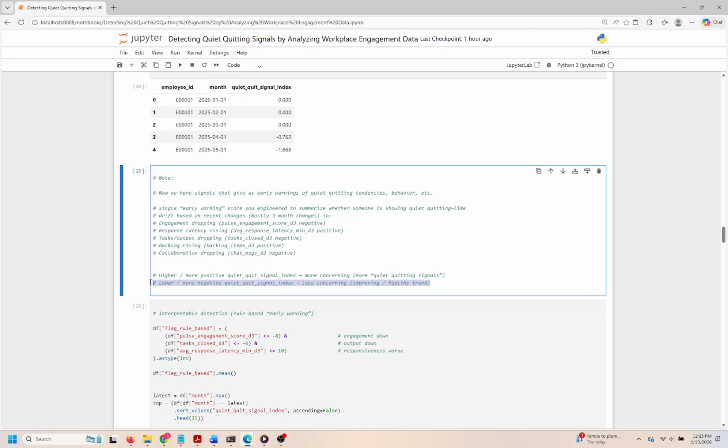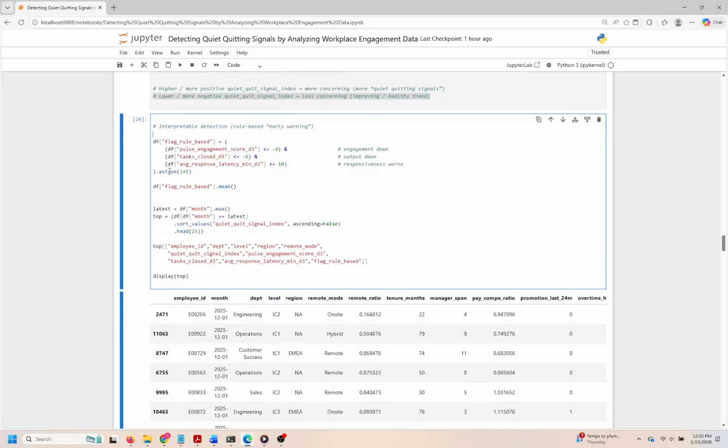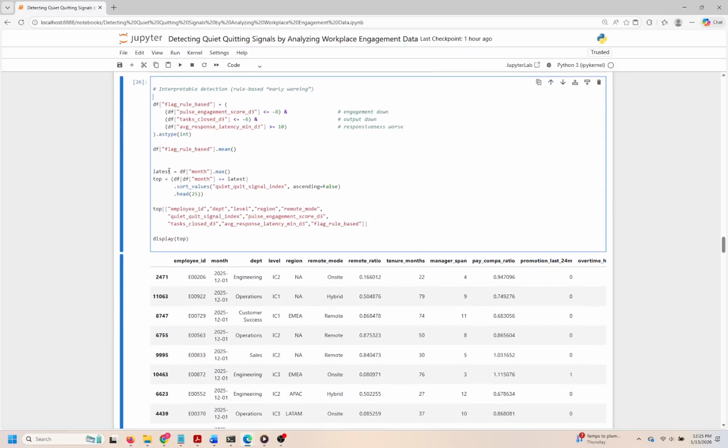For example, seasonal workload changes or external stressors could inadvertently skew results, so one should interpret these signals with caution. As we transition into the next cell, we will likely explore how to visualize these findings, making it easier for teams to grasp the implications of the index and take proactive measures to foster engagement and collaboration.